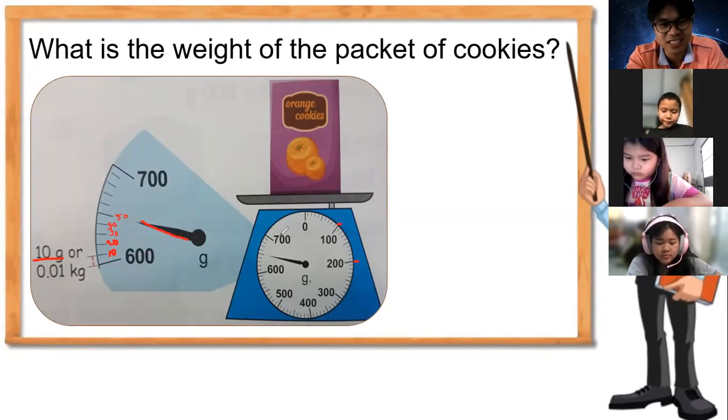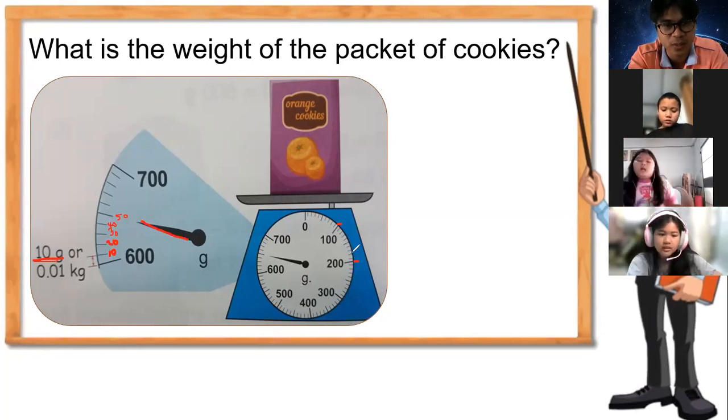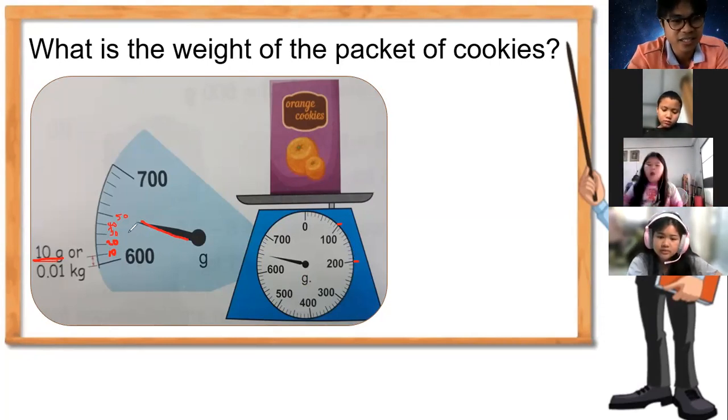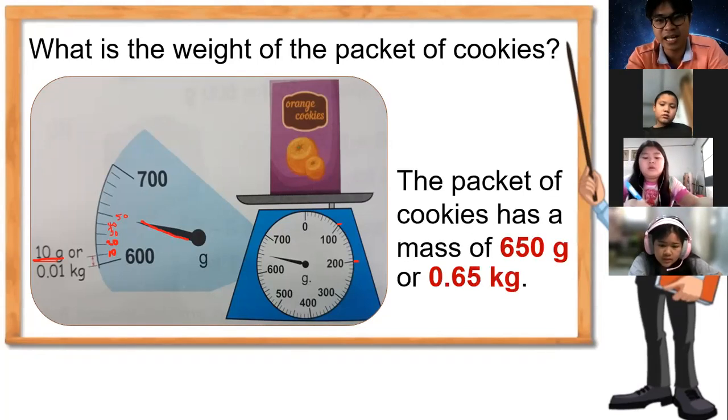So this weighing scale is in grams. You can see here the letter G in grams. So 100 grams, this small line here is equivalent to 10 grams. So 10, 20, 30, 40, 50, 60, 70, 80, 90, 100. So here the answer is 650 grams.